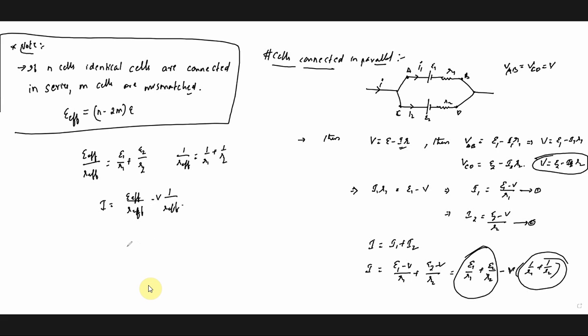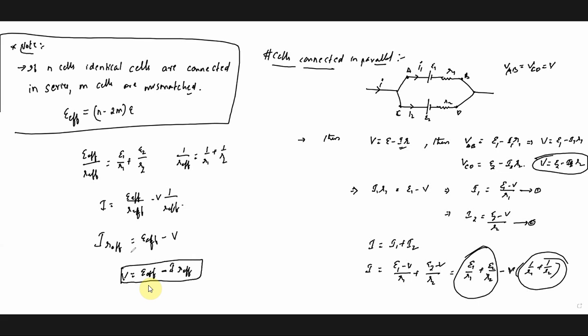Or multiply this entire equation with R effective, then you can write R effective into I is equal to E effective minus V. Or else V is equal to E effective minus I into R effective. This is the equation for parallel combination.